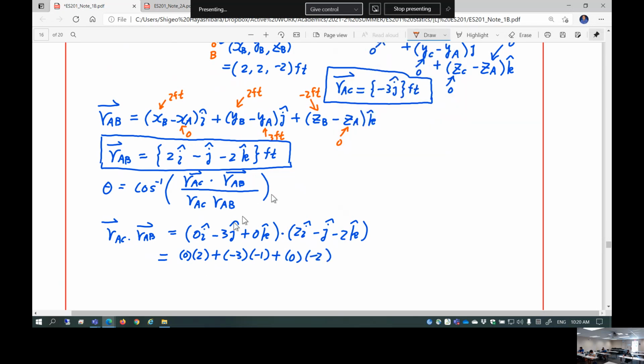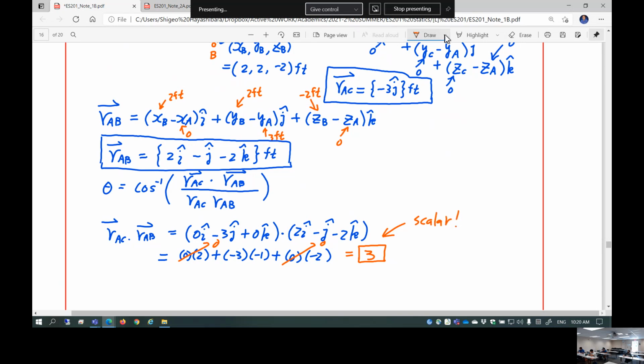The result is minus 3 times minus 1, so this is 3. The dot product of RAC dot RAB is 3. This is a scalar.